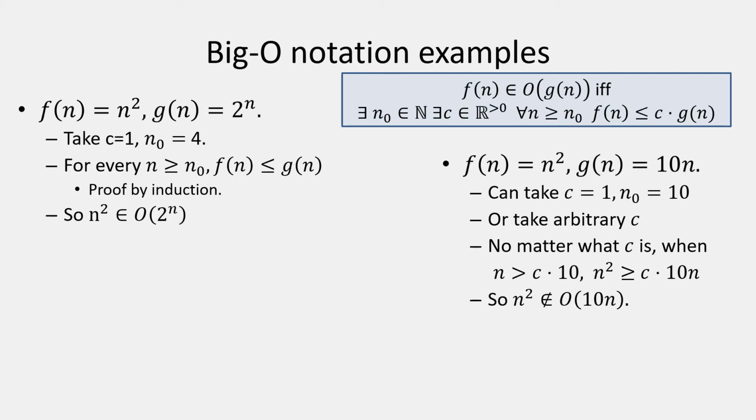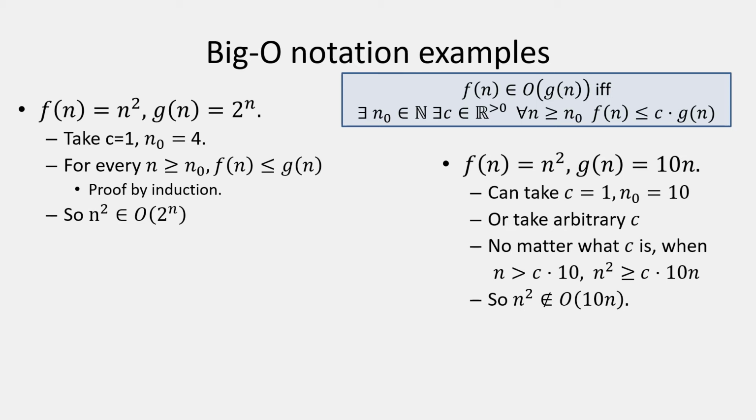Well, then n squared will be greater than c times 10n. So there is no way to find a c and an n0 such that after that n0, n squared would be less than c times 10n. And that tells us that n squared is not in big O of 10n.